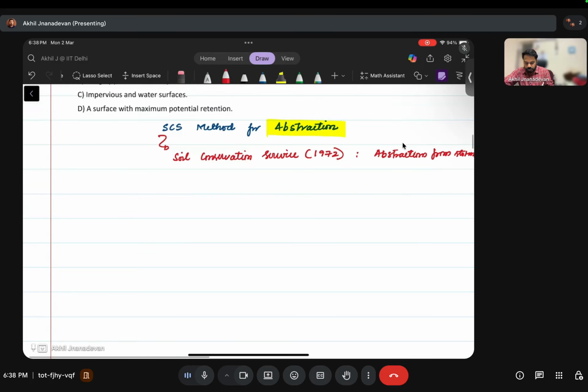So there are two assumptions related to the SCS method.